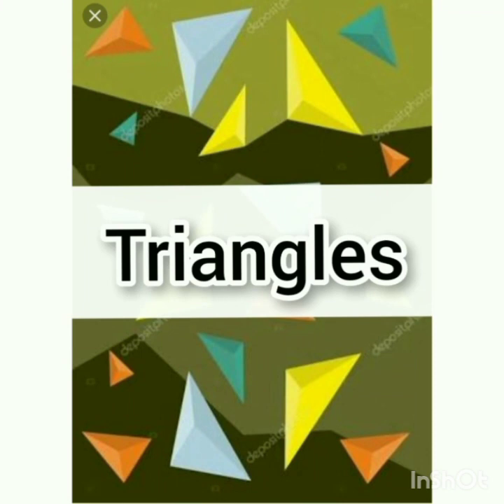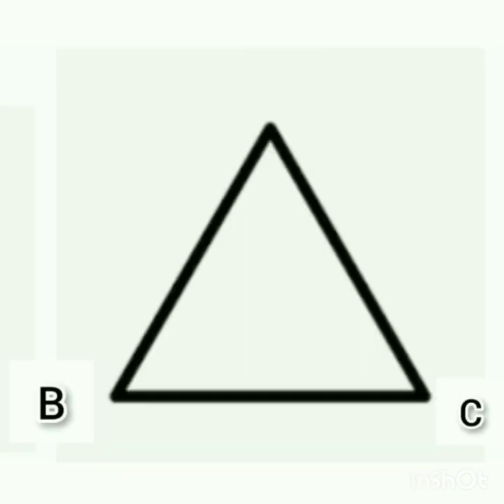Next is triangles. A triangle is a closed three-sided figure. In the given triangle ABC, the line segments AB, BC and CA are the three sides. Angle A, angle B and angle C are the three angles, and A, B, C are the vertices.